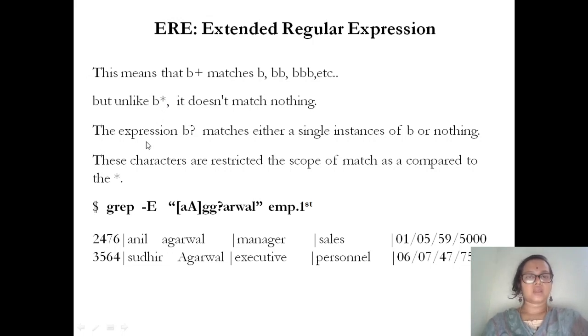The expression B question mark matches either a single instance of B or nothing. With one question mark, it means one place: this place should be filled with a B or else nothing. That's it. It doesn't go beyond that. Like that it matches.